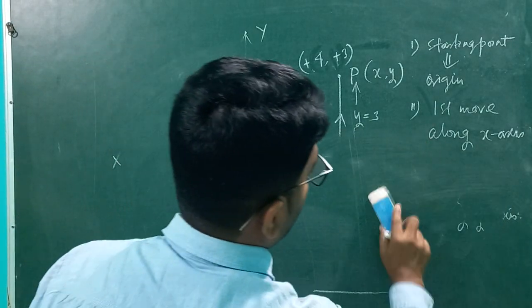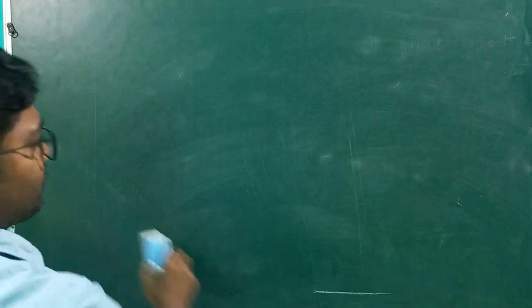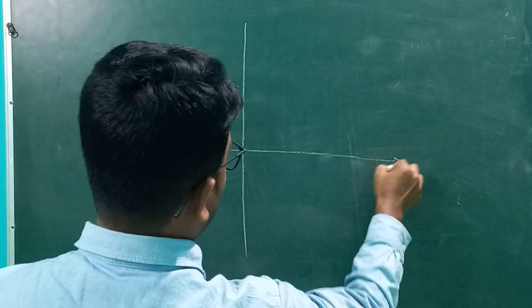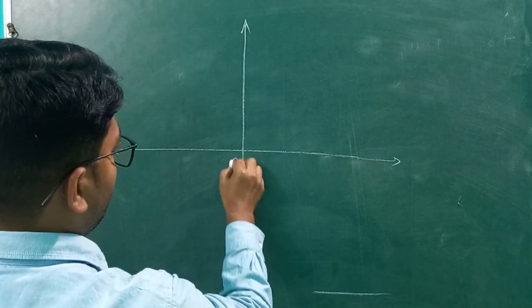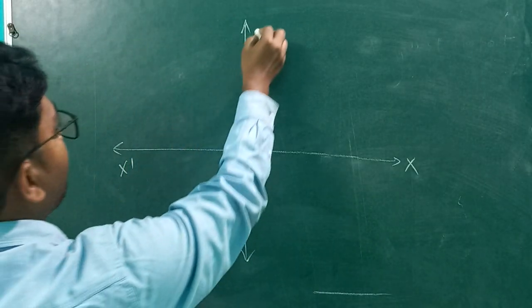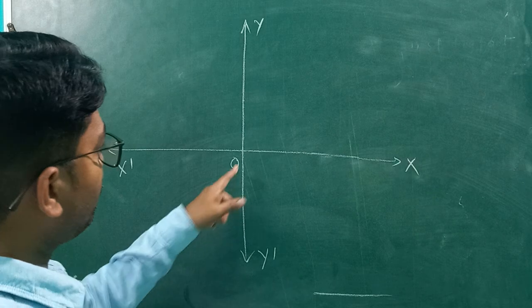Now, some special points are also there. What are they? What should be the origin?